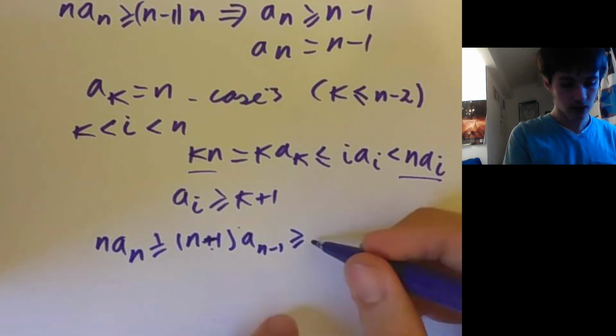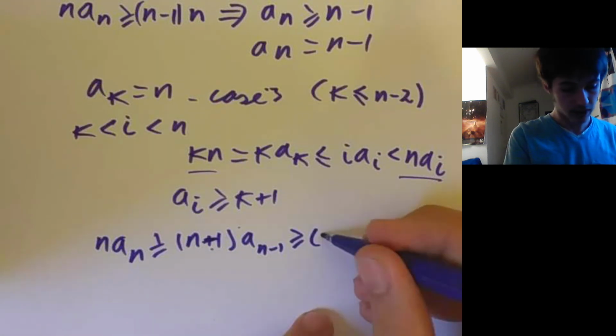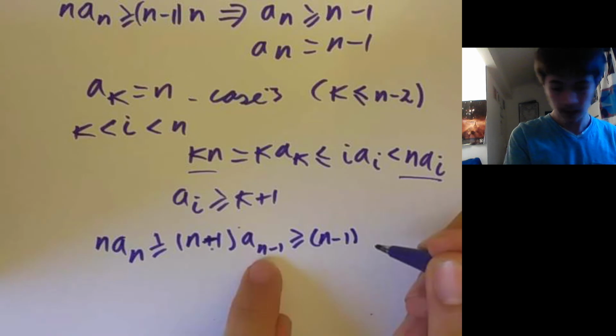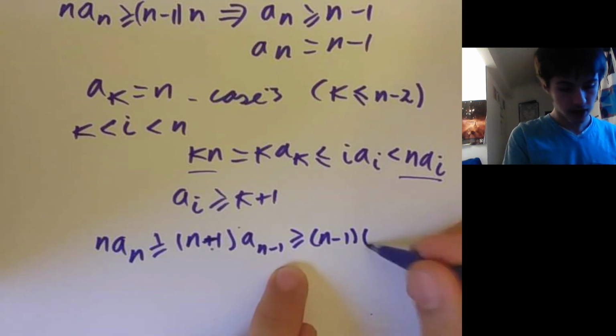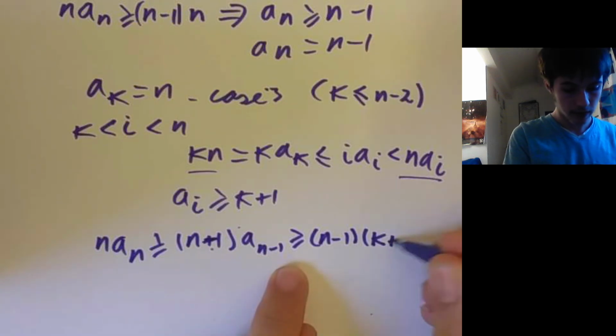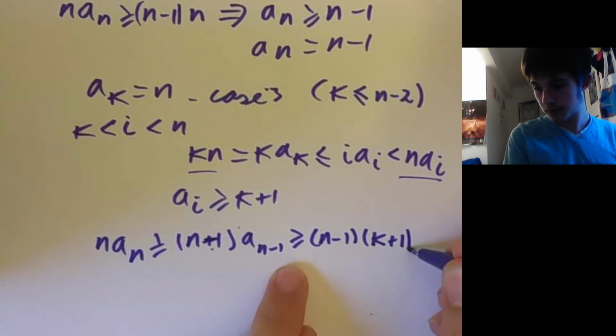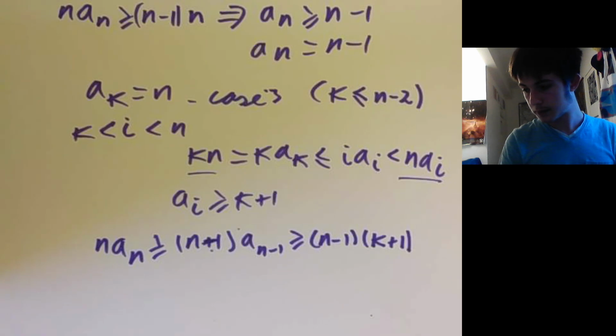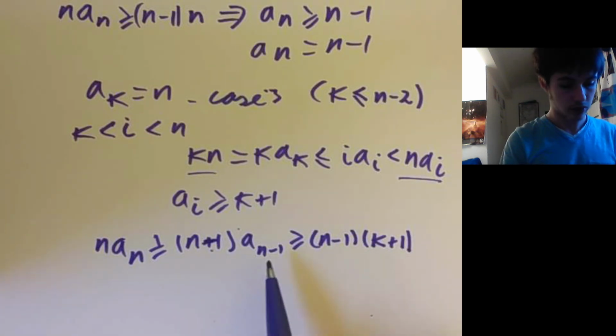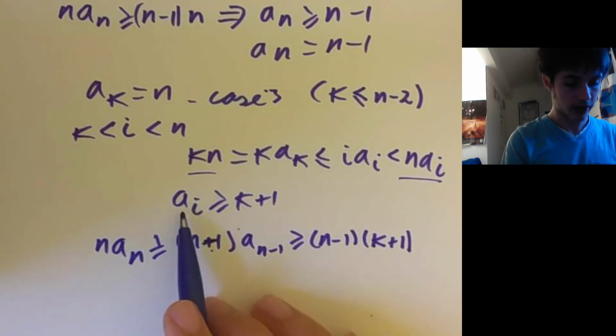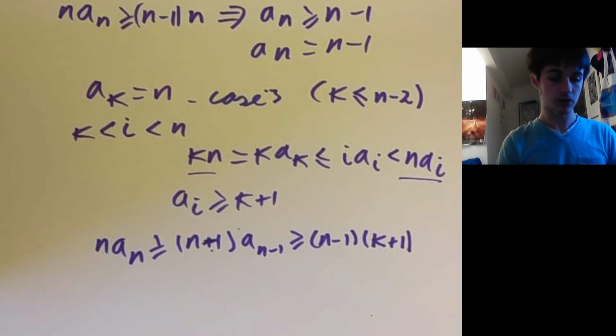And this is bigger than or equal to n minus 1 times k plus 1, because we know an minus 1 is of the form ai, which is bigger than or equal to k plus 1.